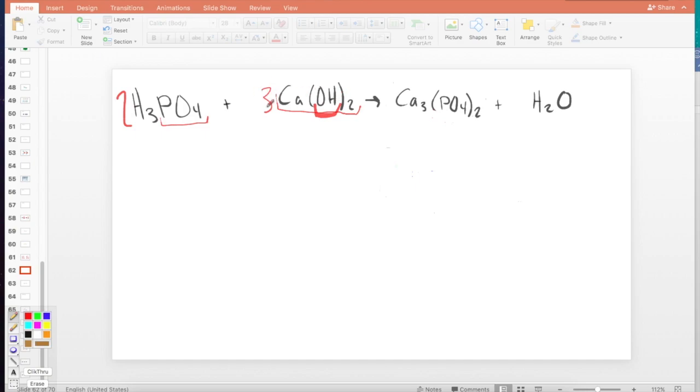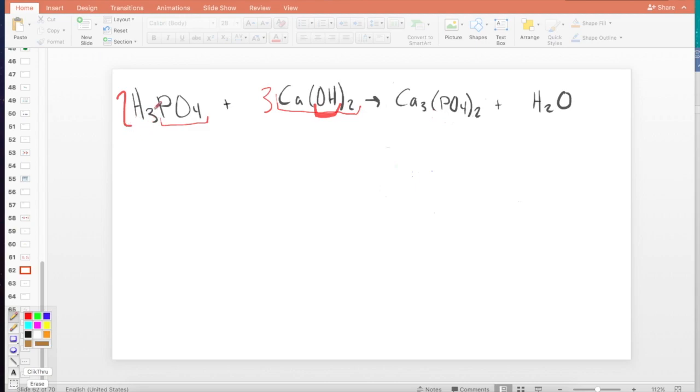But I have 3 Ca(OH)2s. So how many hydrogens do I have total? I would have 6 hydrogens from this substance. 2 hydrogens per Ca(OH)2 because of the subscript outside the parentheses. But then I have 3 of these, which makes a total of 6 hydrogens.